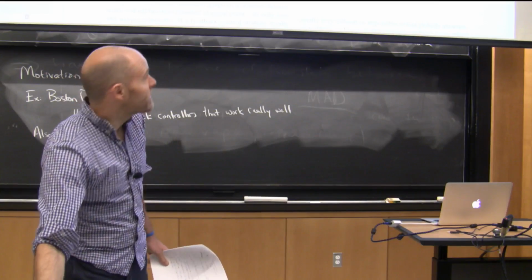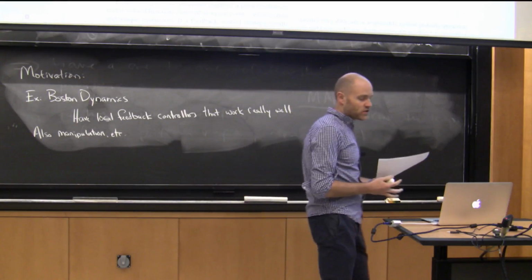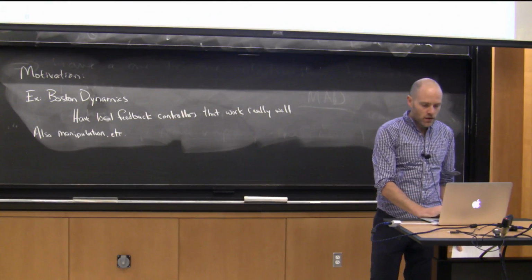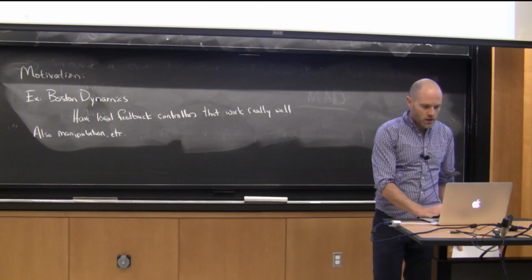It says that if this is a good way to think about feedback control, as having some controller that takes some set of initial conditions and drives it to a smaller set, then can't we do something like sequential composition of those controllers?